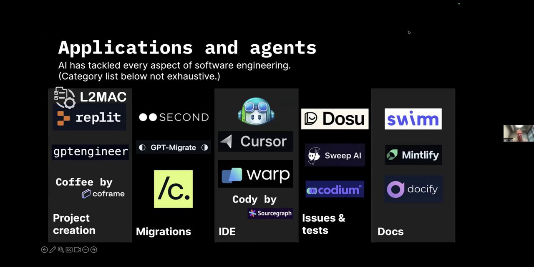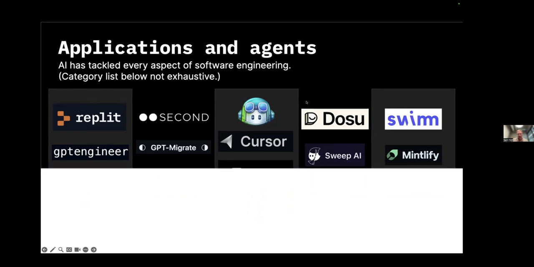You can give it a single prompt and it can generate an entire codebase repository with working files that implement what you want. We also see things like migrating code from one language to another, and interactive developer environments, a bit like Copilot, which help you rewrite code faster. You can also create automatic documentation and tests for code.